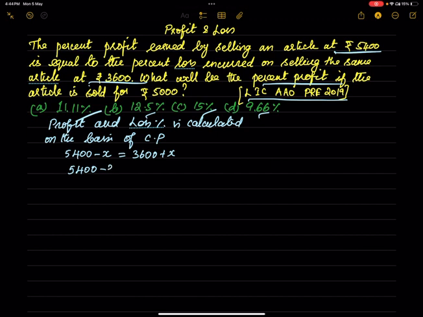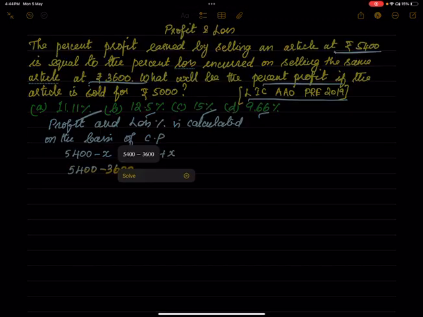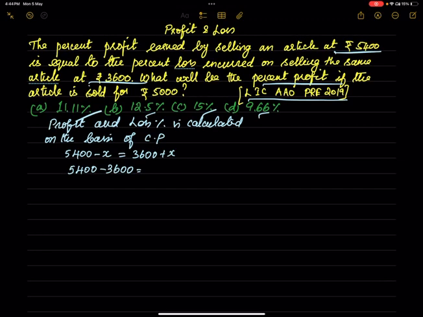5,400 minus 3,600. When this x goes to this side, it becomes plus x, so x plus x is 2x. 1,800 is 2x, so x is equal to rupees 900, that is 1,800 by 2.